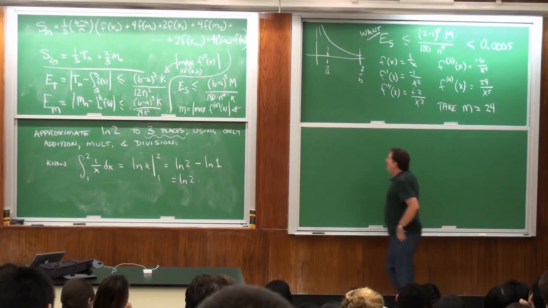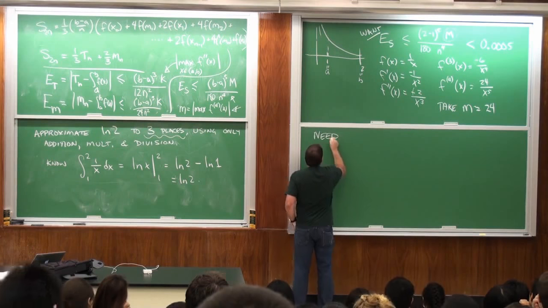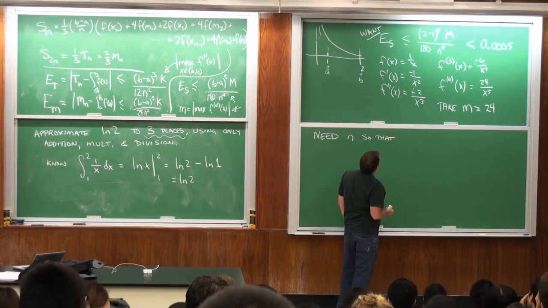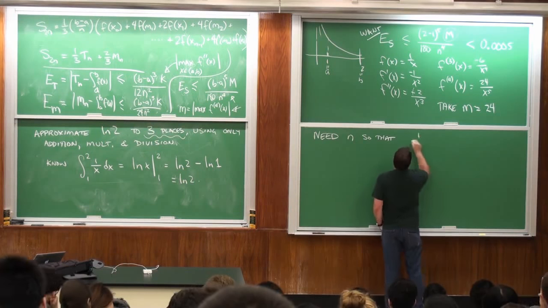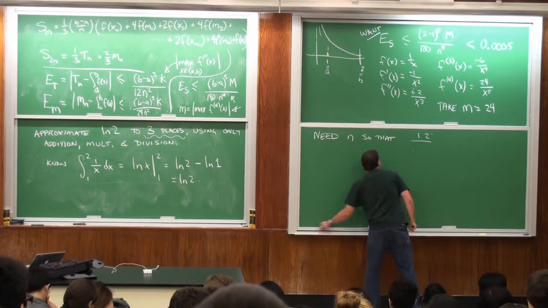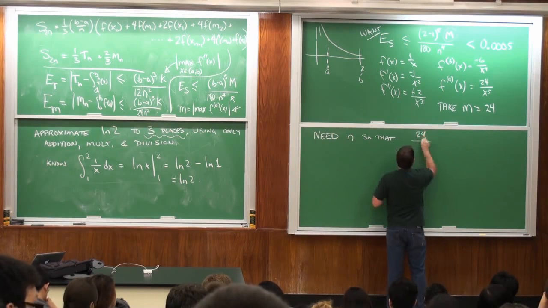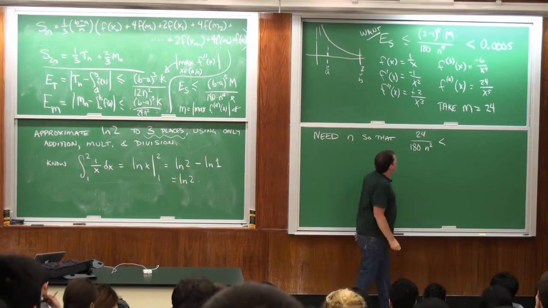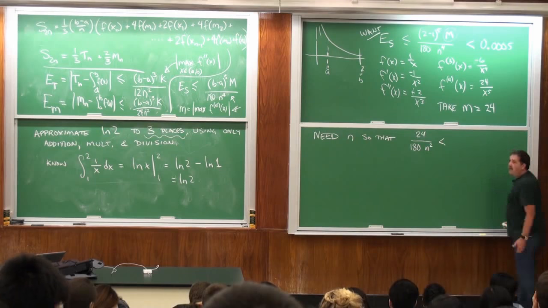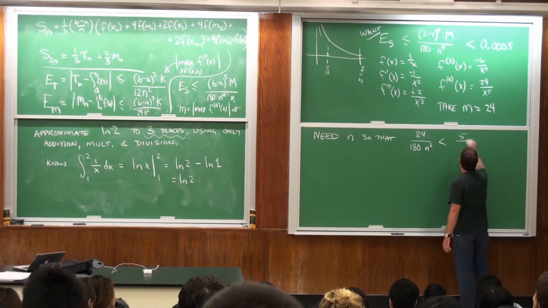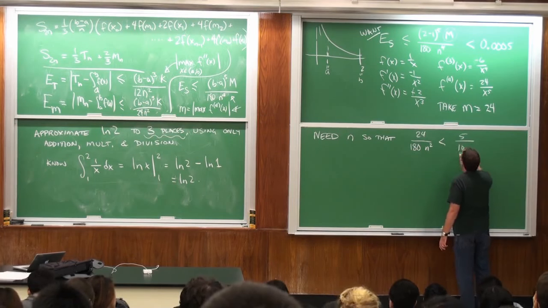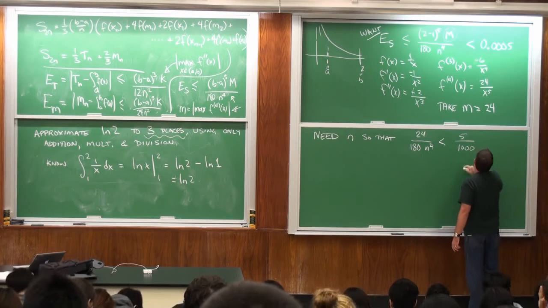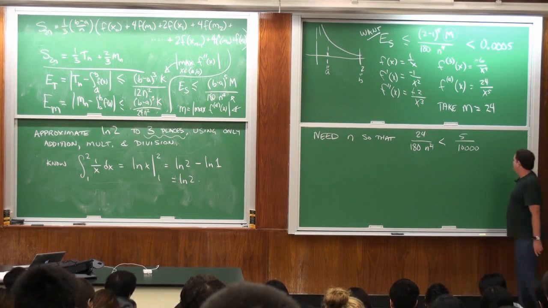And so now I need to solve. I need to find an n so that 1 over 20, forget about the 1. 24 times 1 is usually 24. 24 over 180 n squared is less than 0.0005, which maybe I can write as 5 over 10,000.